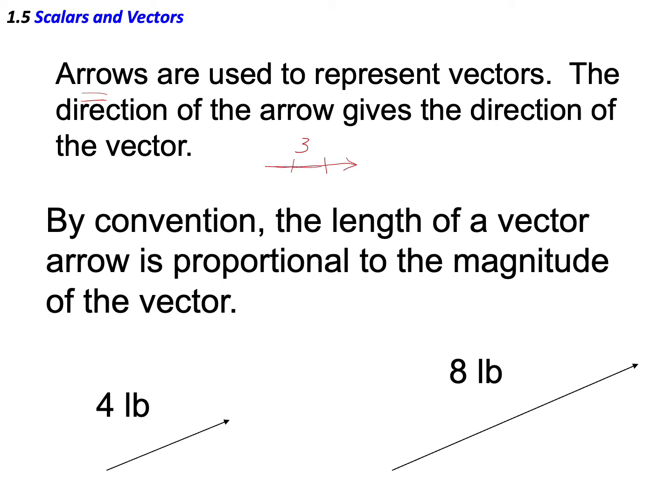So magnitude is represented by the length of the arrow, and the arrowhead represents the direction. Here's another vector. The length of the vector is proportional to the magnitude, and the head points in the direction.